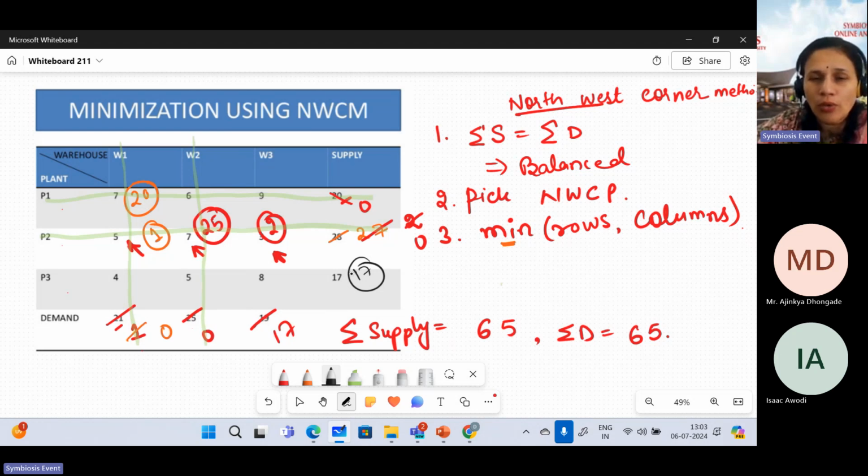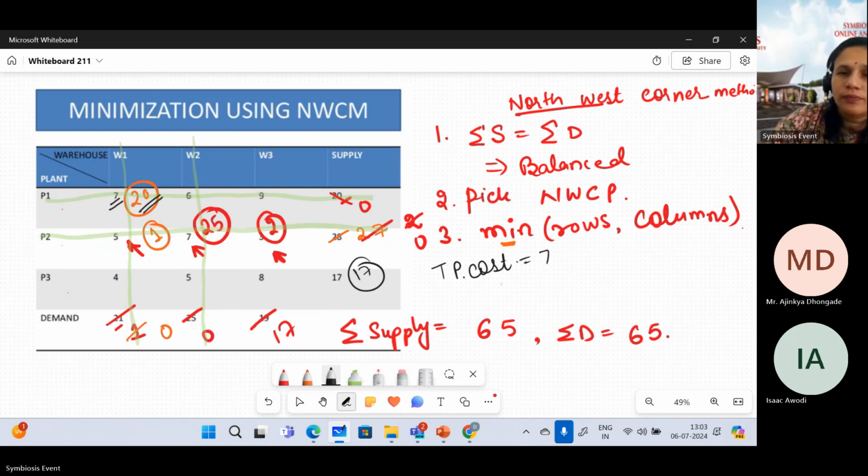Fine. So here, once you have made the allocations, you check the transportation cost. And how to check that? 7 multiplied by 20 units, then 1 unit transported at the cost of 5 rupees, plus 7 times 25, plus 3 times 2.